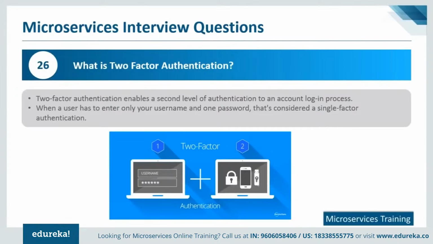What is two-factor authentication? Well, most of the transactions that we do these days use two-factor authentication, but we do not realize that we are using it. To give you an example, I use a Motorola phone and it has a finger scanner. But at times when I restart or reboot my phone and I use the finger scanner to unlock my phone, it says enter the password.